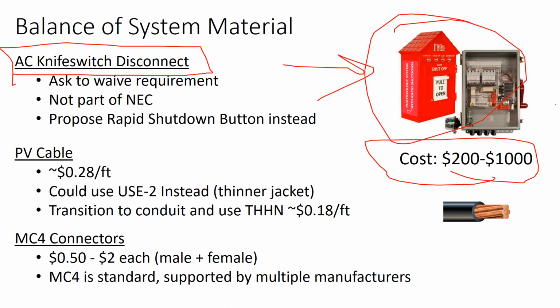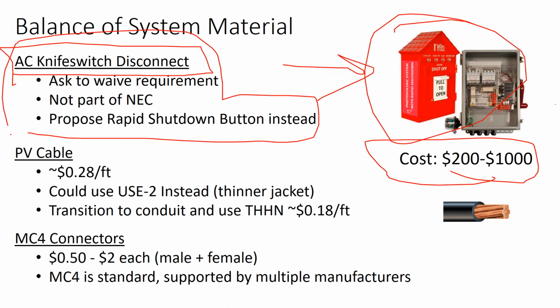So when we think about automatic transfer switches and system level disconnect budgets, maybe you can negotiate with your local jurisdiction to say, what we plan to do is have a system level disconnect right inside the building for the whole system.